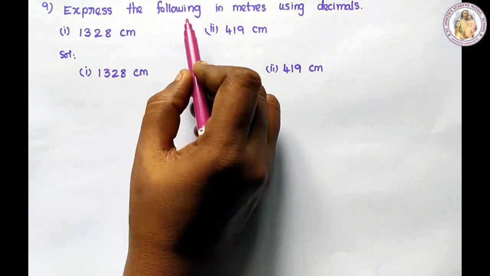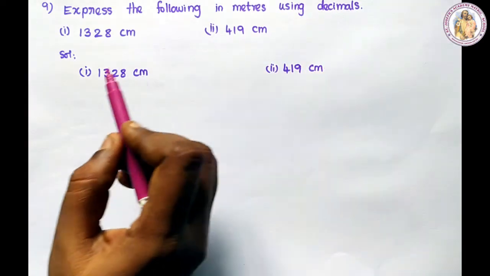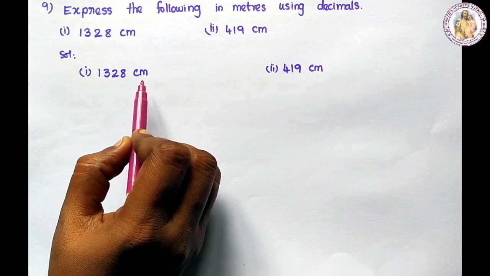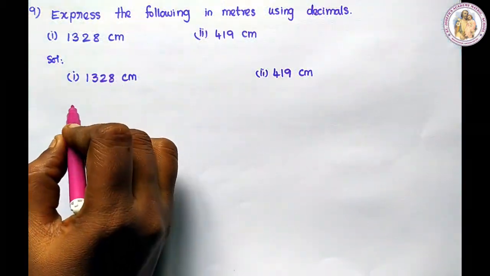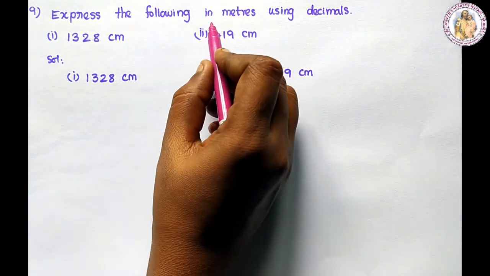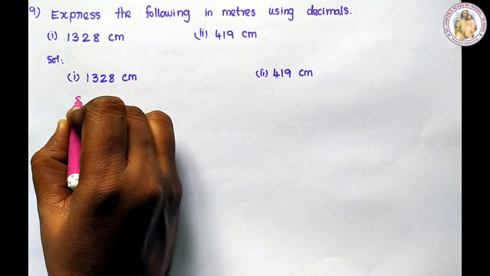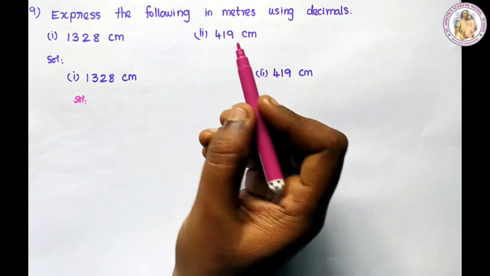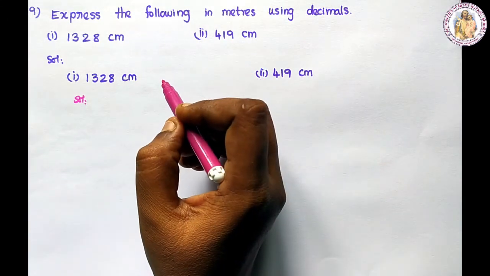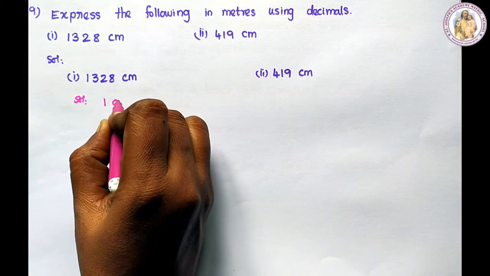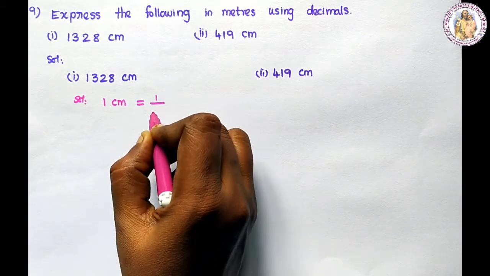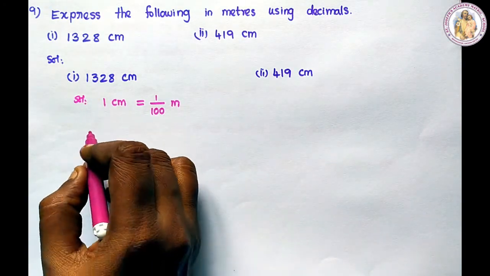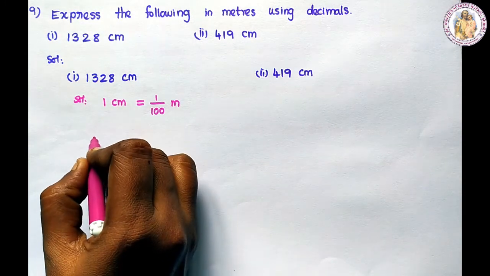Ninth sum. Express the following in meters using decimals. Listen. 1328 centimeter. 1 centimeter equal to, express in meters. So, write down 1 meter equal to how many centimeter? 100 centimeter. So, 1 centimeter equal to 1 by 100 meter. Now, they given 1328 centimeter.